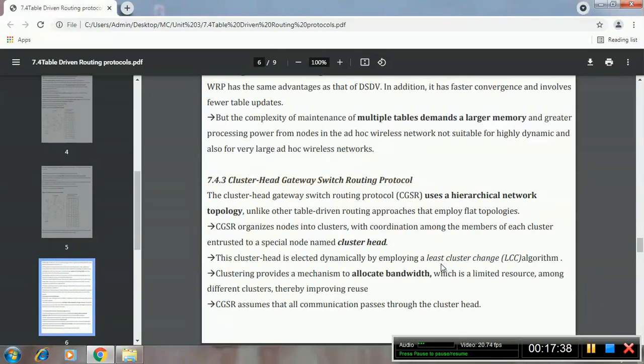Next is the cluster head gateway switch routing protocol, CGSR, which uses a hierarchical network topology. This is another routing protocol we have. Unlike the other table driven routing approaches, which employ a flat topology, CGSR is hierarchical.